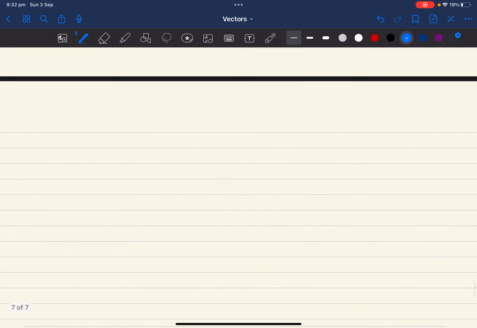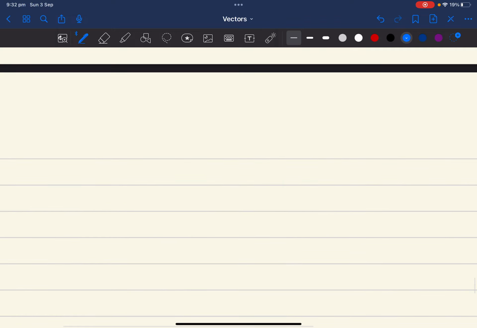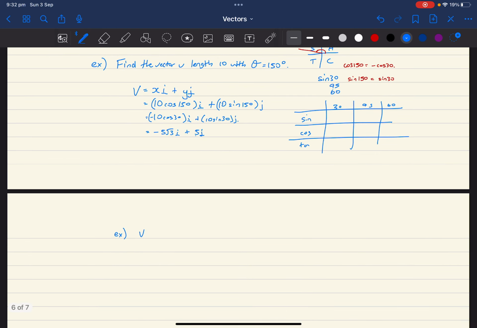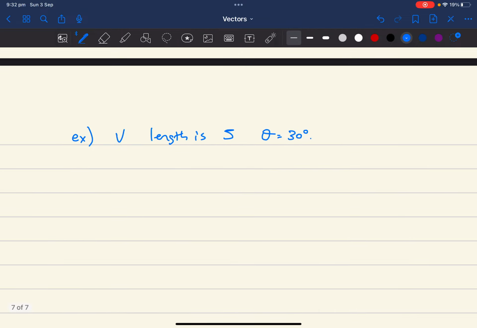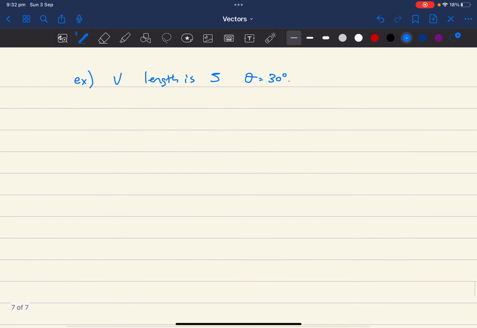So I'll write another example that you can just try. Do the same thing for a vector where the length is, let's say, 5 and the angle is 30. Okay, so let me just draw this graphically so you can see it.